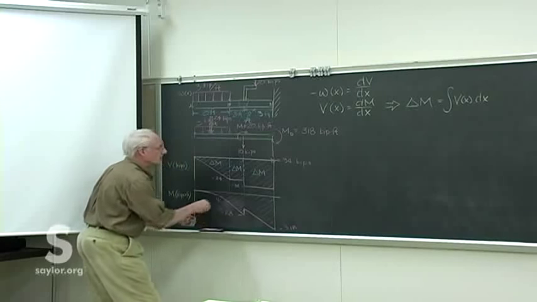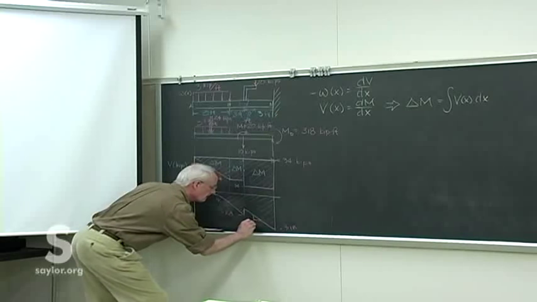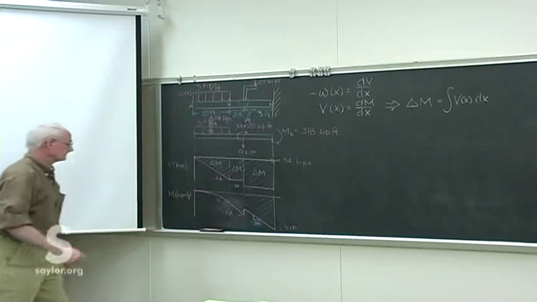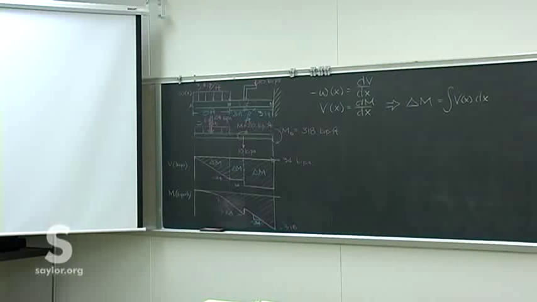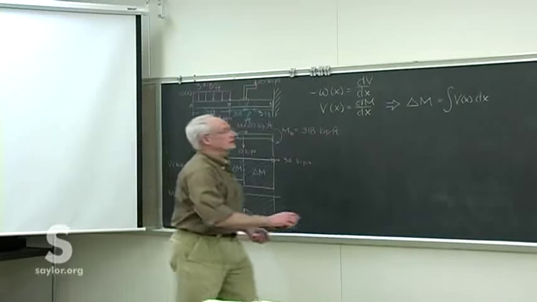And that slope is minus 34. And we've got the shear moment diagram. And as happens, sometimes you need to re-sketch them a little bit.